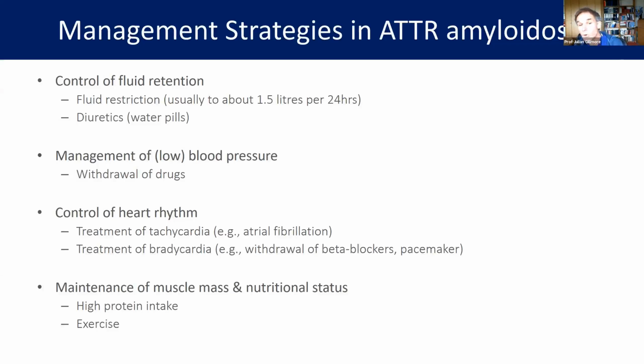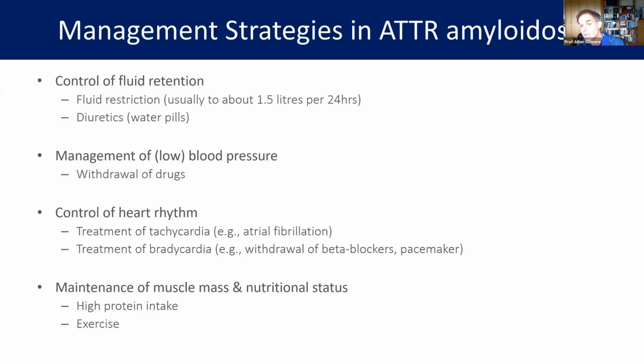We try and control heart rhythm. When you've got cardiac ATTR amyloidosis, the heart sometimes beats more quickly. And there's a particular irregular heart rhythm called atrial fibrillation, which is quite common in the context of ATTR amyloidosis. And similarly, sometimes the heart can beat more slowly, what we call bradycardia.